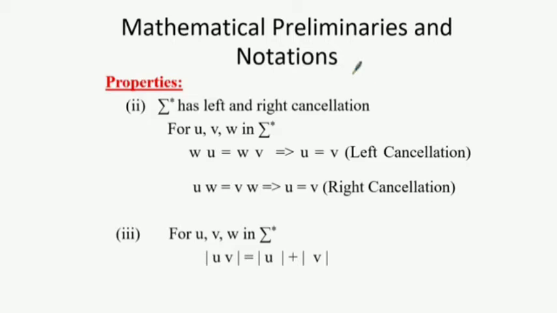The next property: if you have u and v in sigma star, where sigma star means the set of strings over an alphabet, I want to find the length of uv, the concatenated string. The length of uv is equivalent to the length of u plus the length of v. How will you prove this?